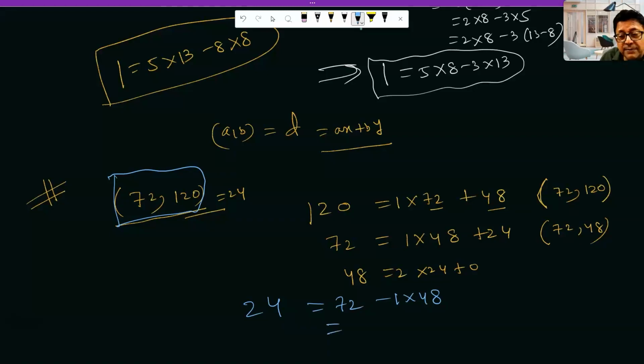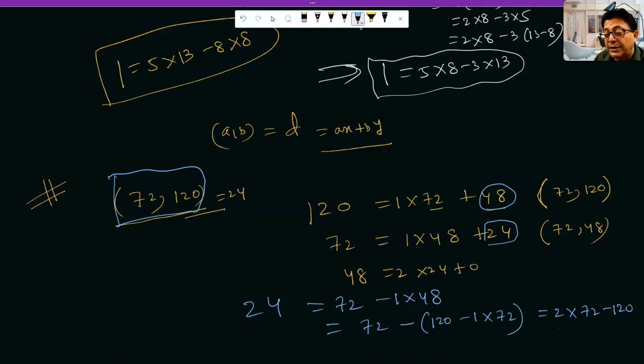Go step by step. In this step you got 24. But then there is a problem, I am getting 48. Here you will get 48. 48 is what? 120 minus 1 into 72. That is 2 into 72 minus 120.